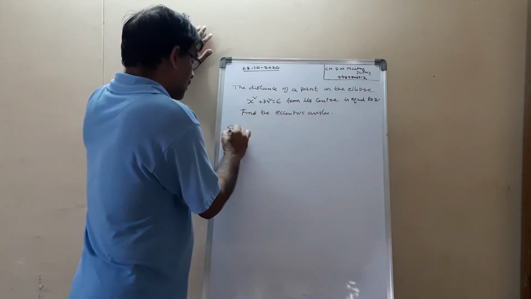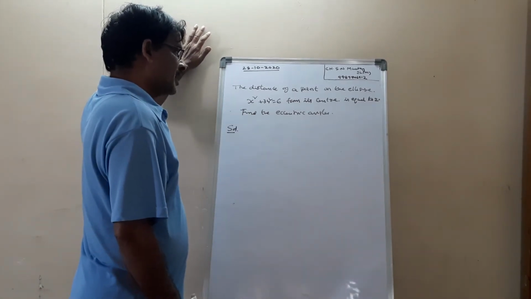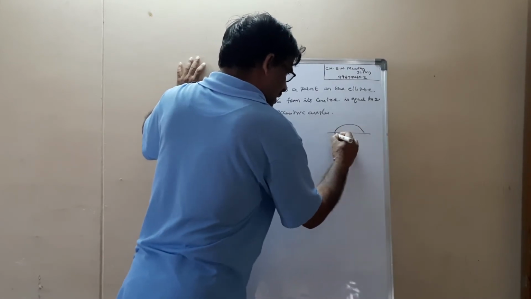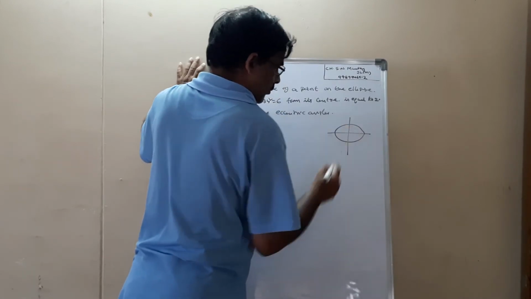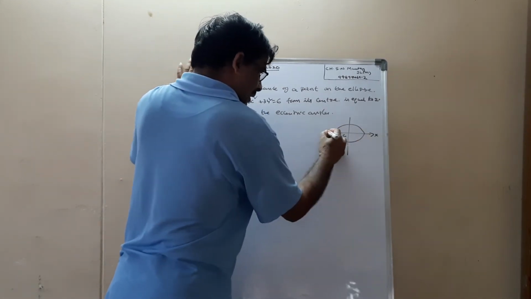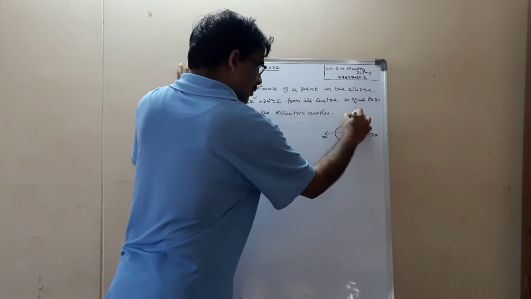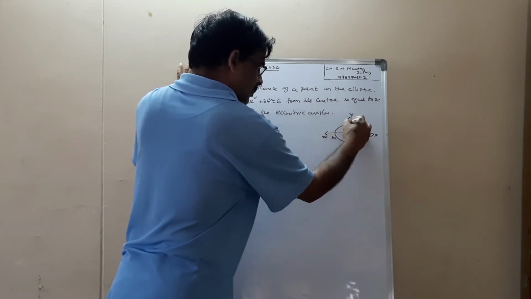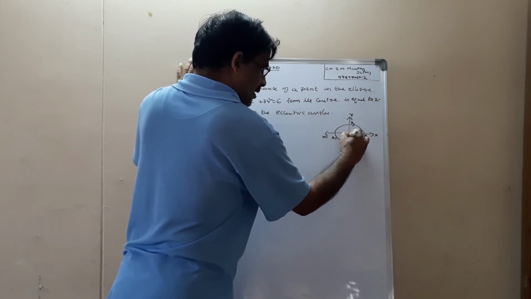Solution. What is given? An ellipse equation is given. So, this is an ellipse. This center, coordinates of C are (0, 0).